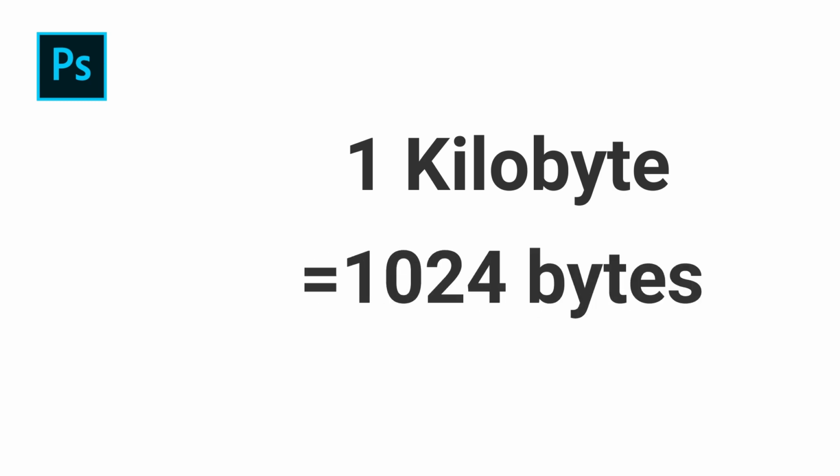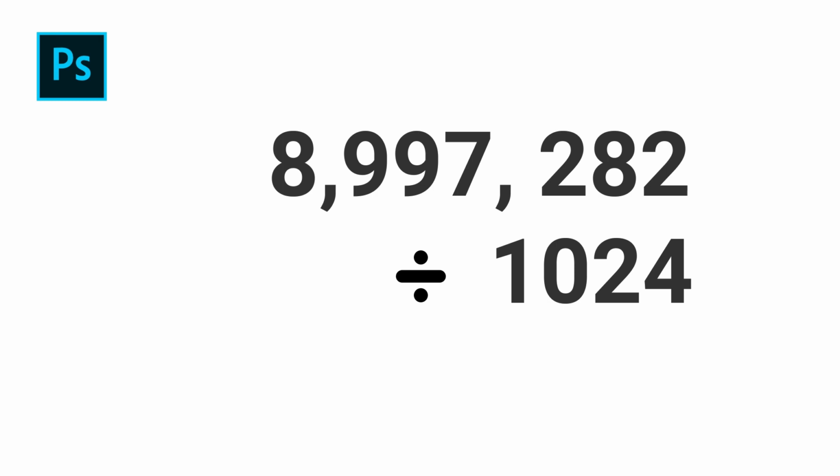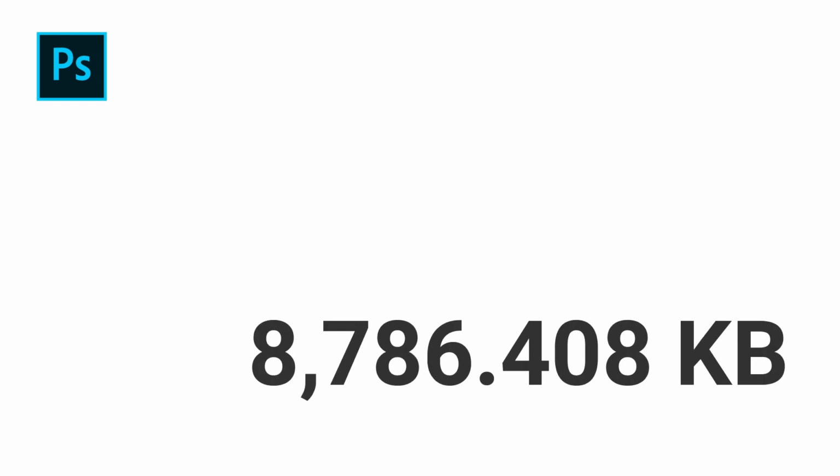So to convert bytes to kilobytes, divide the total number of bytes by 1024. With my image, 8,997,282 bytes divided by 1024 is equal to 8,786.408 kilobytes.